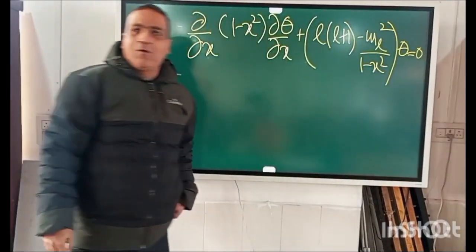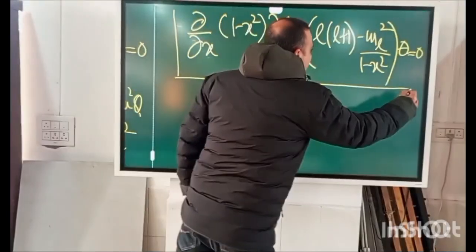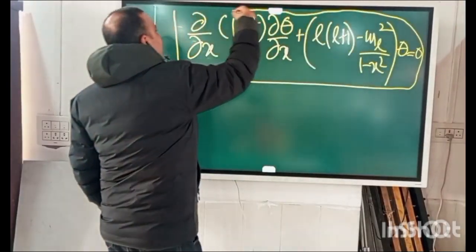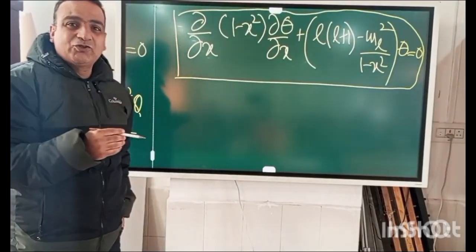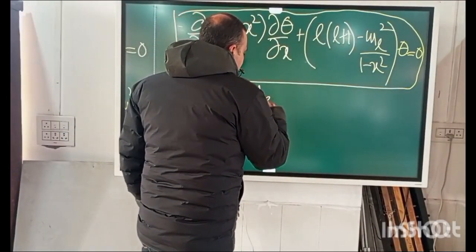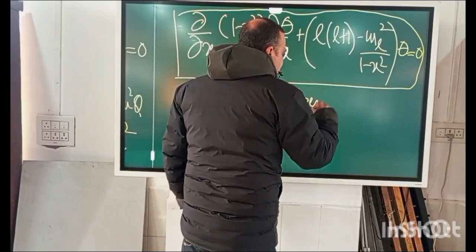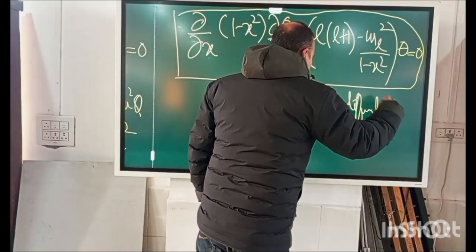This is equal to 0. And this is our Legendre differential equation. We also call it the associated Legendre differential equation.